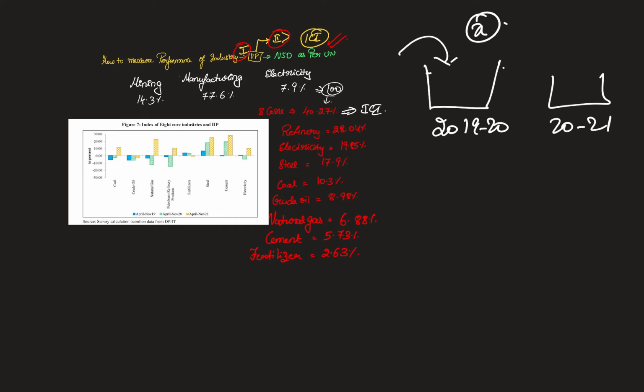You measure that in a base year, let's say 2019-20. In the next year, if we measure, we'll notice that there is 1.2X. So this increase is nothing but an increase in the performance of industry. This is how broadly we will be measuring the performance of industry.